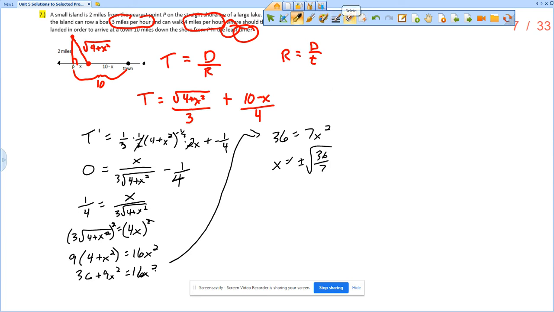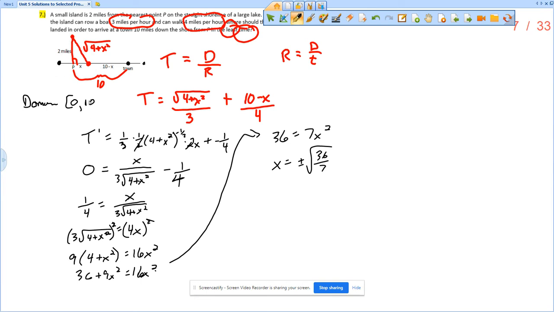Now remember what that actually is. That is a potential place where the minimum occurs. We do want to consider the domain when we are doing this problem. So what is the domain? Well, x could be 0, but it's pretty clear that x wouldn't be negative, which would mean that you were rowing over here and then walking, which surely can't be the answer.